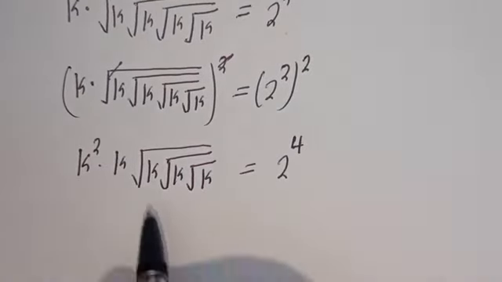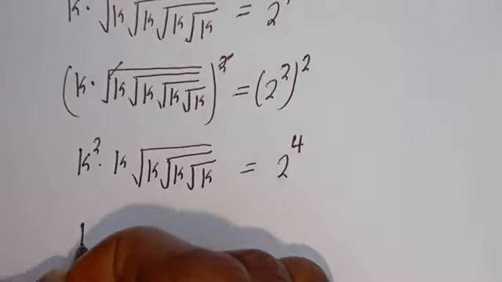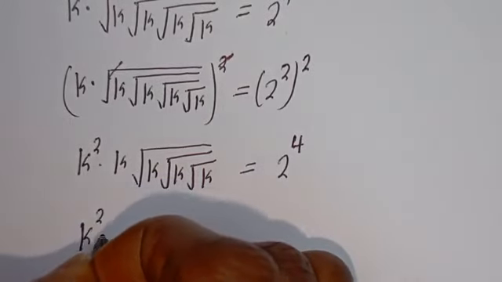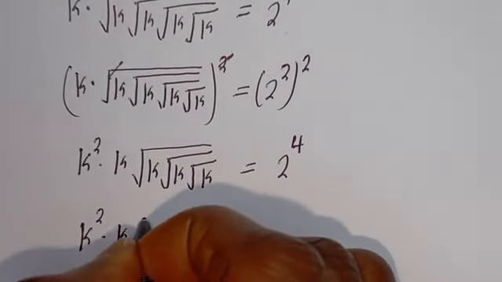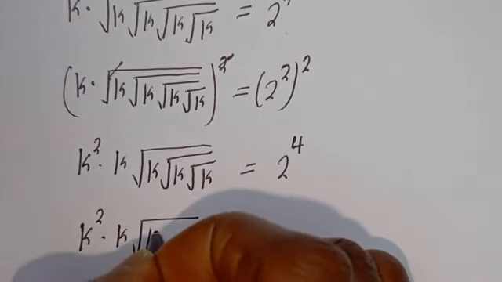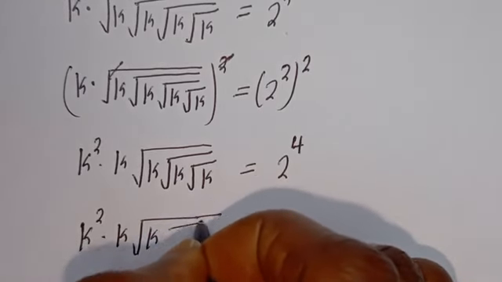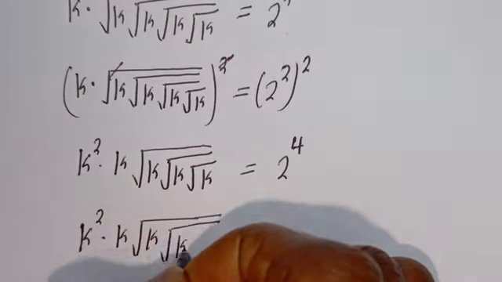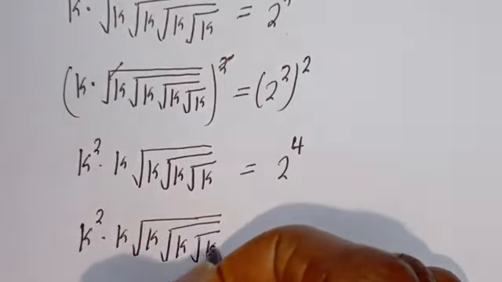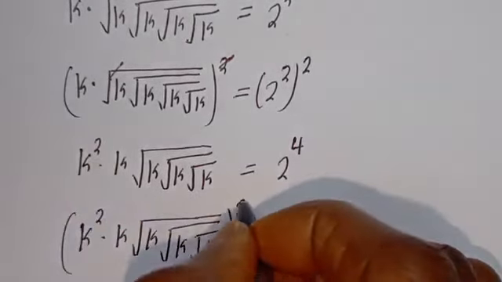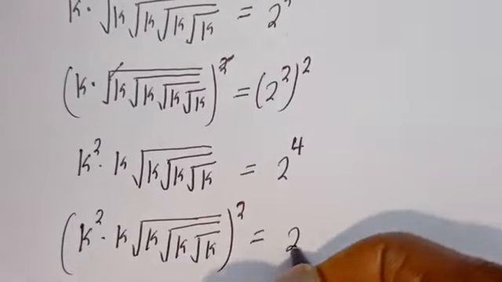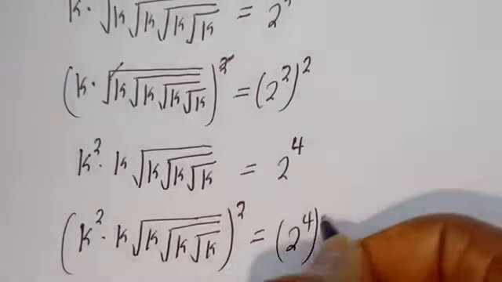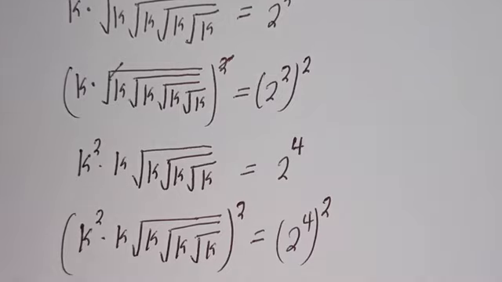Now let's square both sides of this equation again. We have (k squared multiplied by k times the square root of k times the square root of k times the square root of k) all squared is equal to 2 to the power of 4 squared.